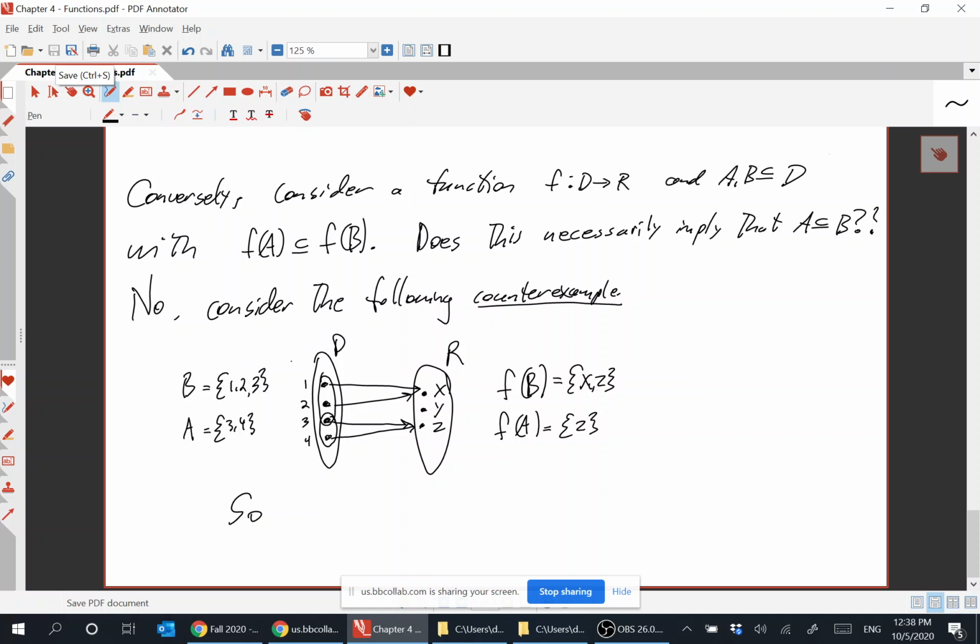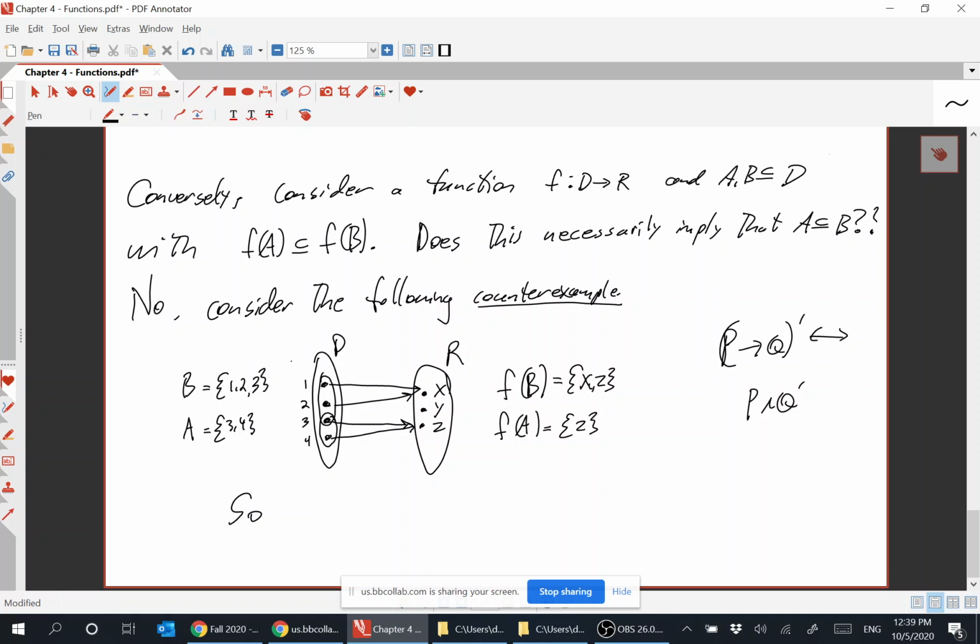How is this a counterexample to f of A subset of f of B implies A is a subset of B? What's the negation of an implication statement? Remember, P implies Q not is the same as P and Q not. So the hypothesis is true, but the conclusion is false. Do I have hypothesis true, conclusion false?